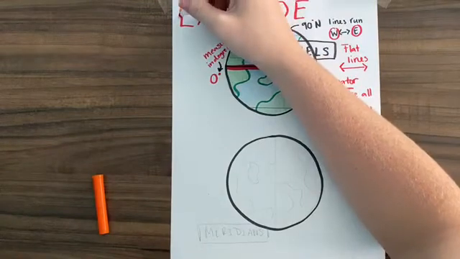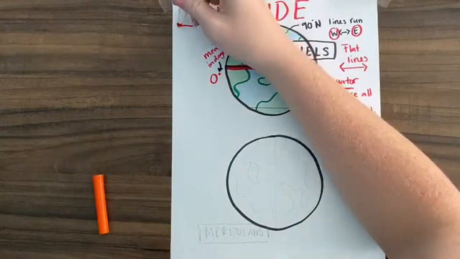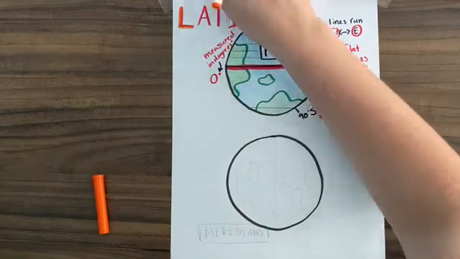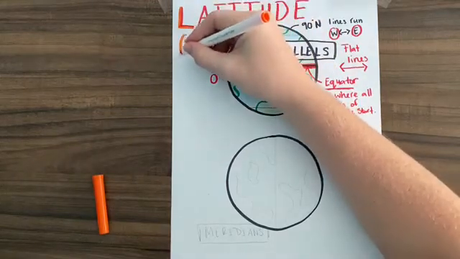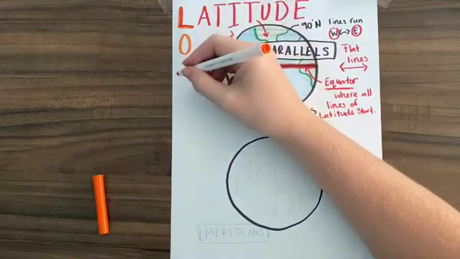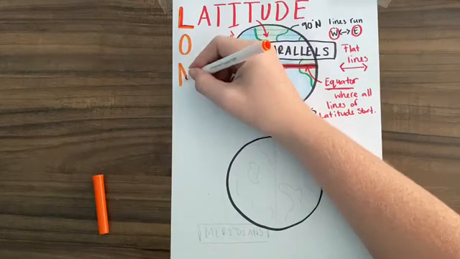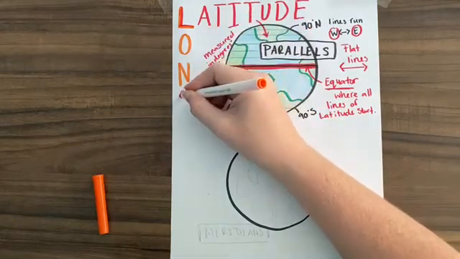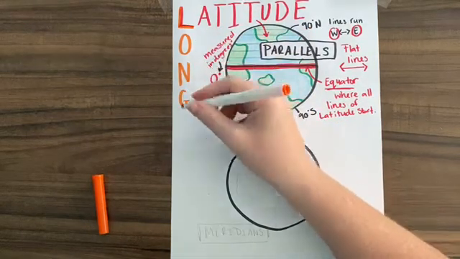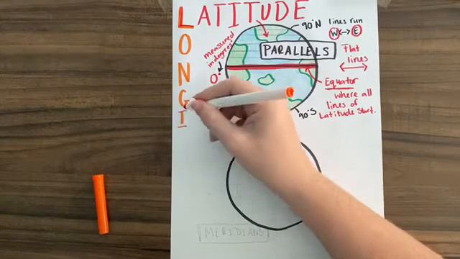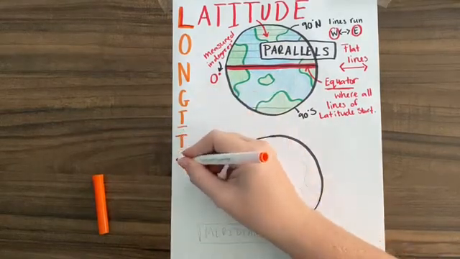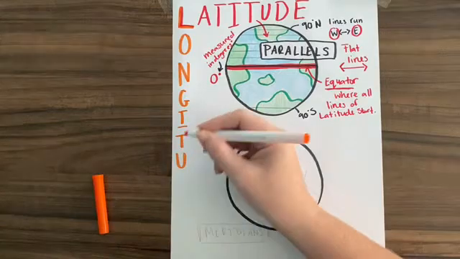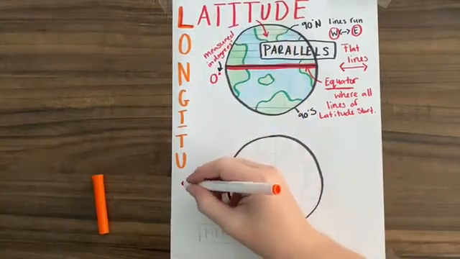So we're going to put another L. Our next word is longitude. Longitude. Do you have any idea why I might be writing it down the paper this way?